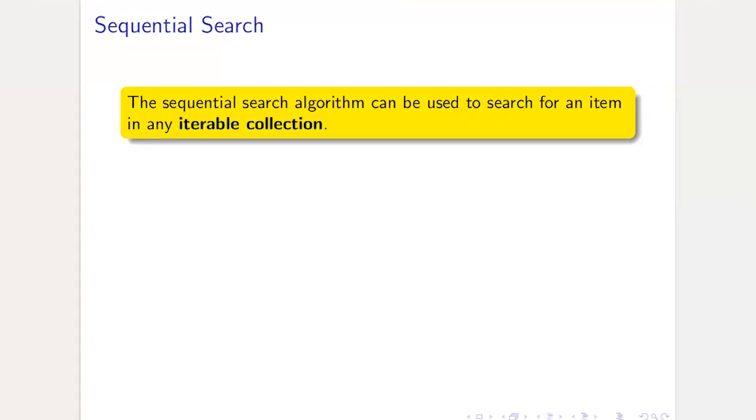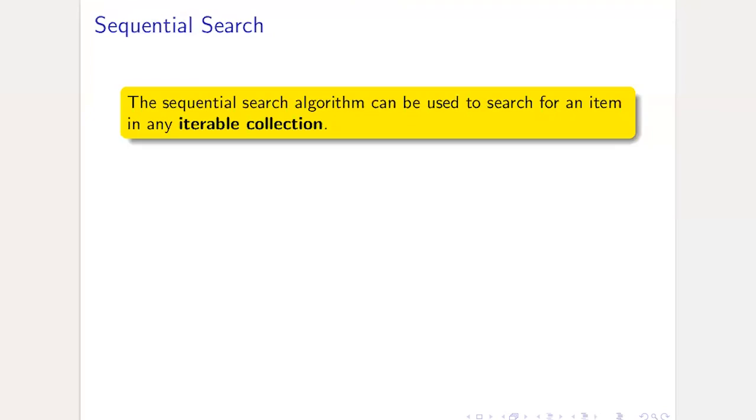Moving on to the search algorithms, we have this very simple search algorithm, the sequential search, which can be used to find if an item is present in any kind of iterable collection. It could be an ordered collection like a list, or even an unordered collection like a set.